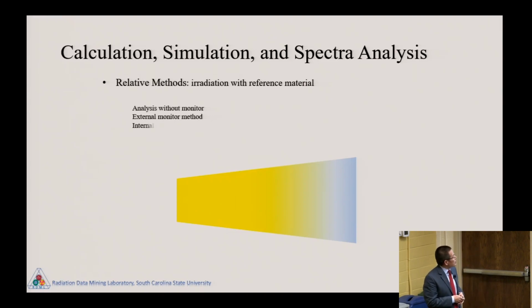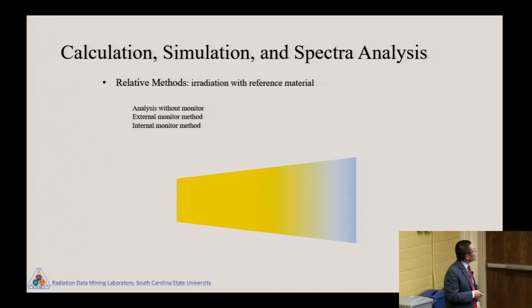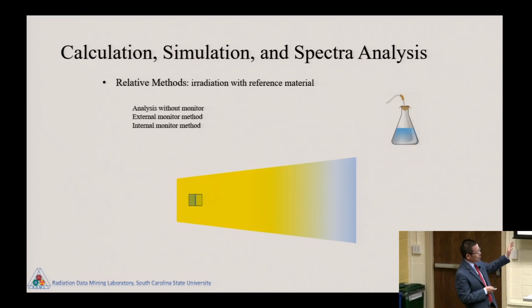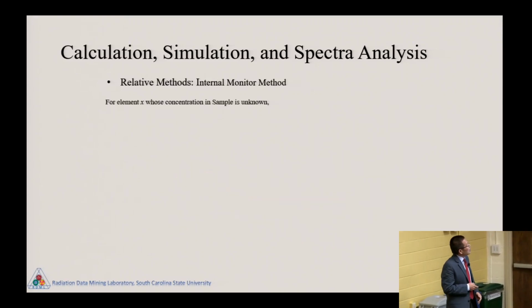Or the best method, which I prefer, is called the internal monitor method. We use a solution which has a known concentration, put it into the sample and reference, and then put them into the beam and irradiate.